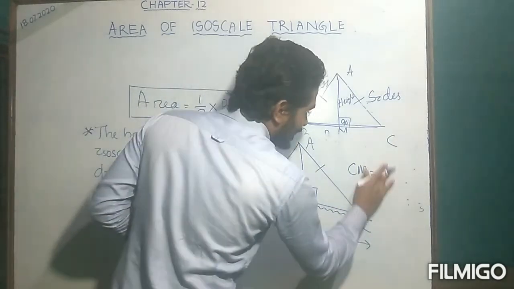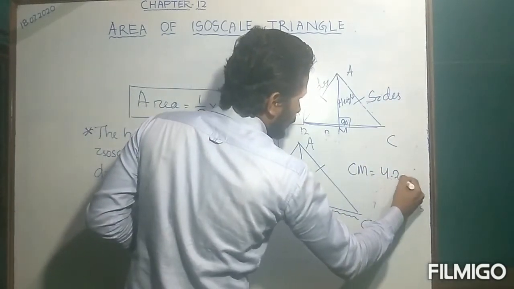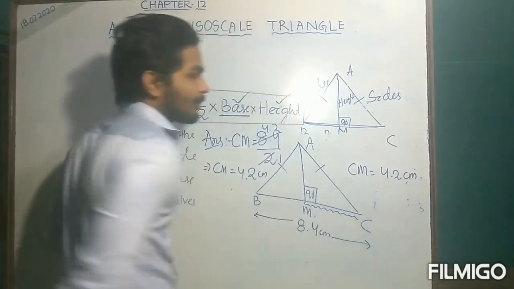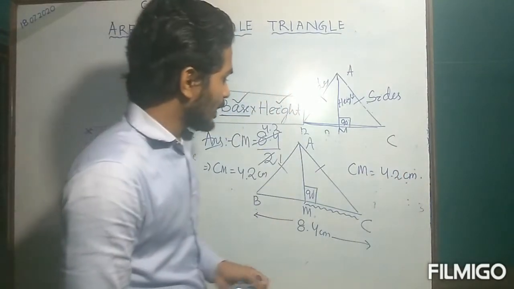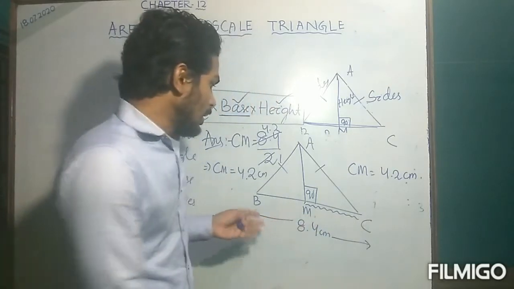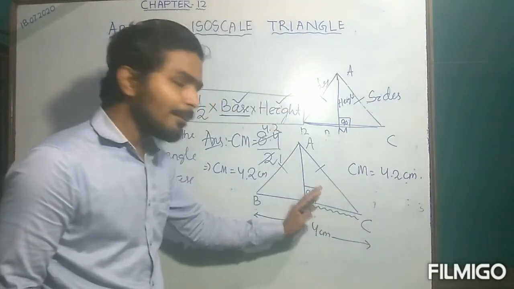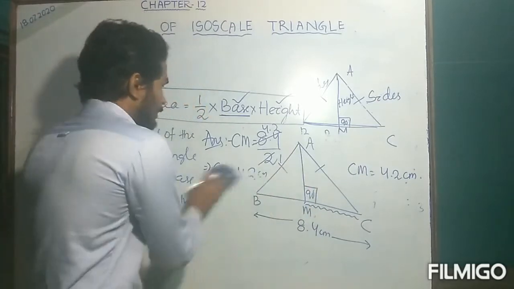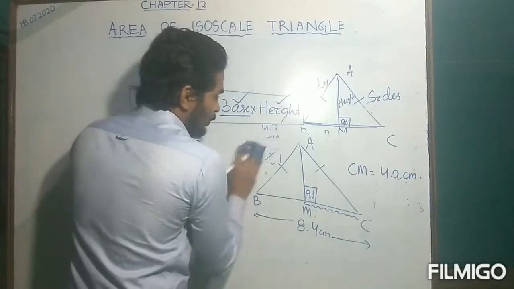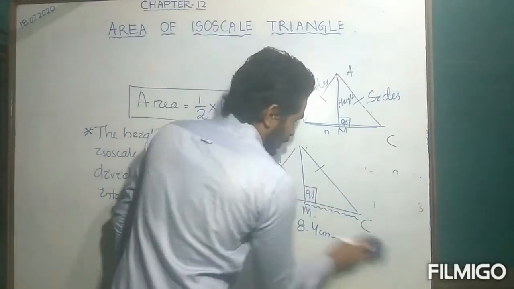Hence, you can write CM is equal to 4.2 cm. Now, by using the base, we can find its half, that is CM as well as BM. Okay. One more question is there.